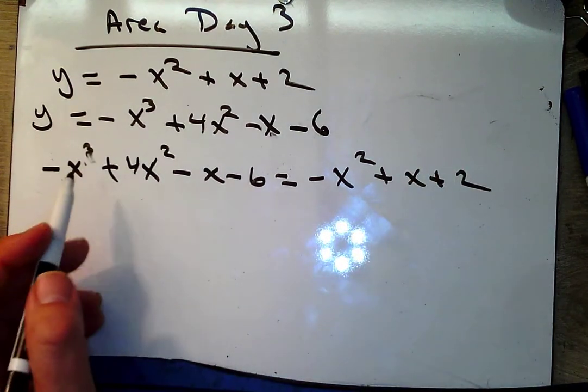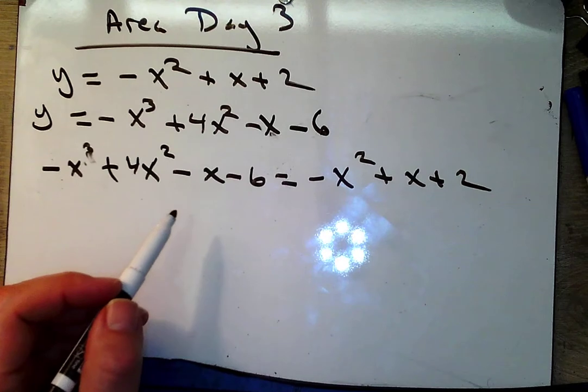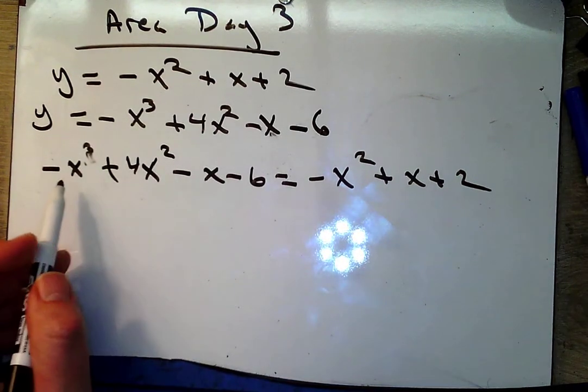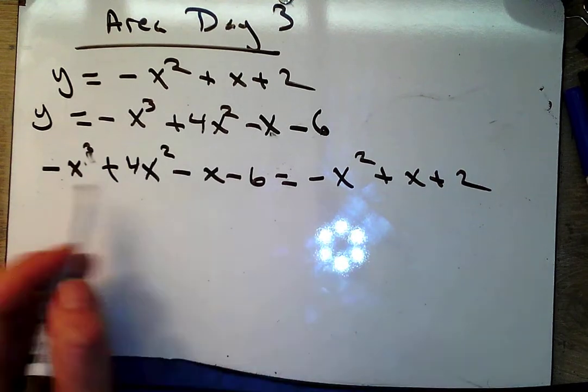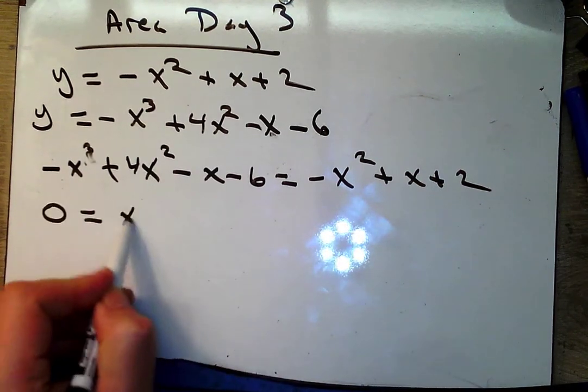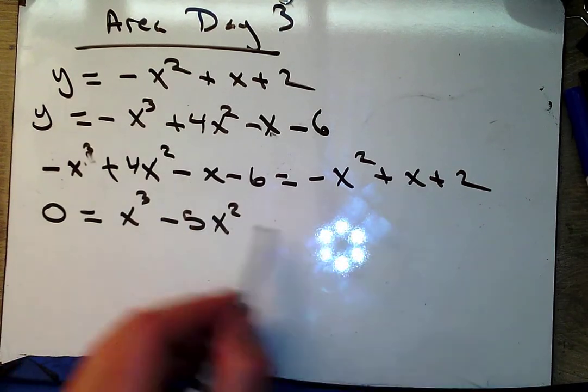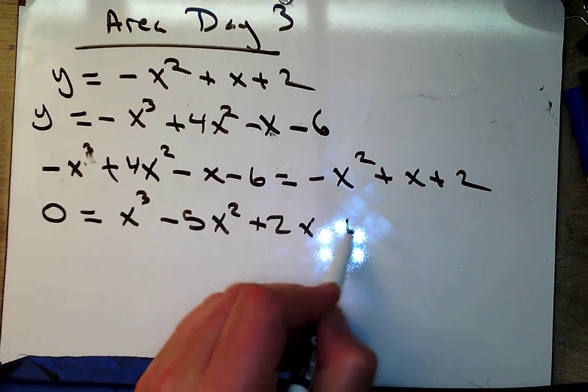And it may well turn out that I should have left myself a note here saying, ooh, do this with a calculator. Don't try it by hand. But I'm going to try it by hand and see what happens. So I'm going to get 0 equals x to the third minus 5x squared plus 2x plus 8.